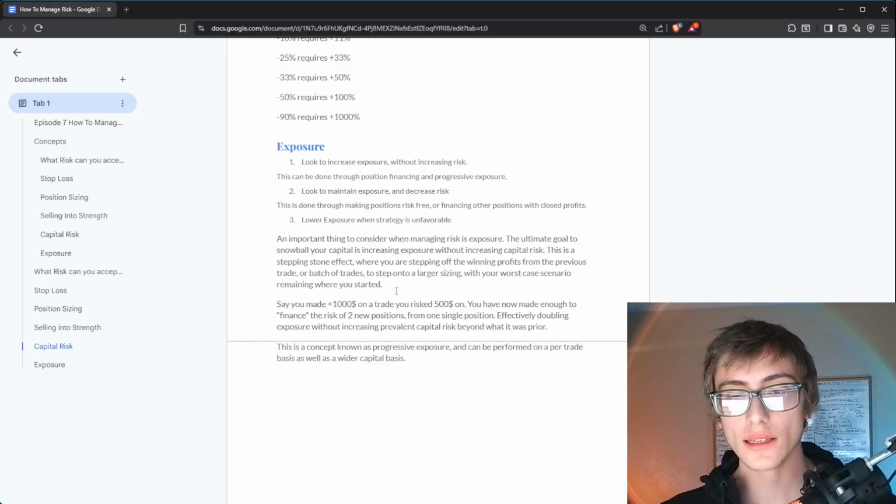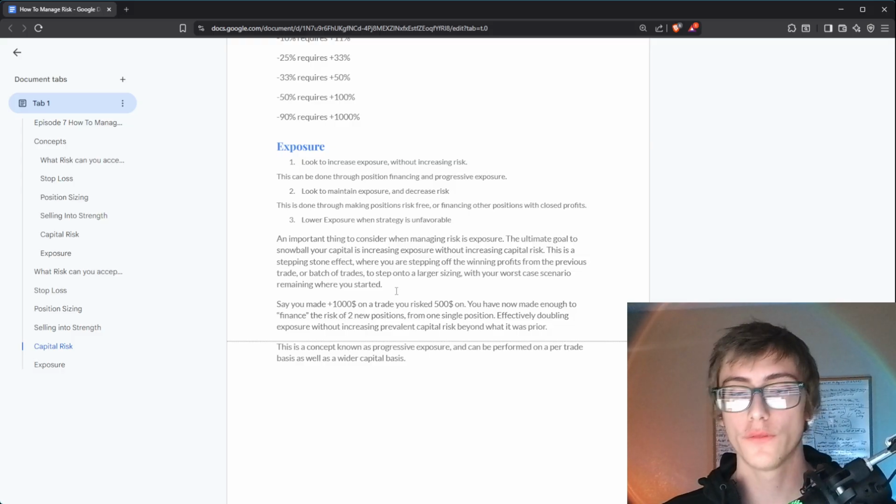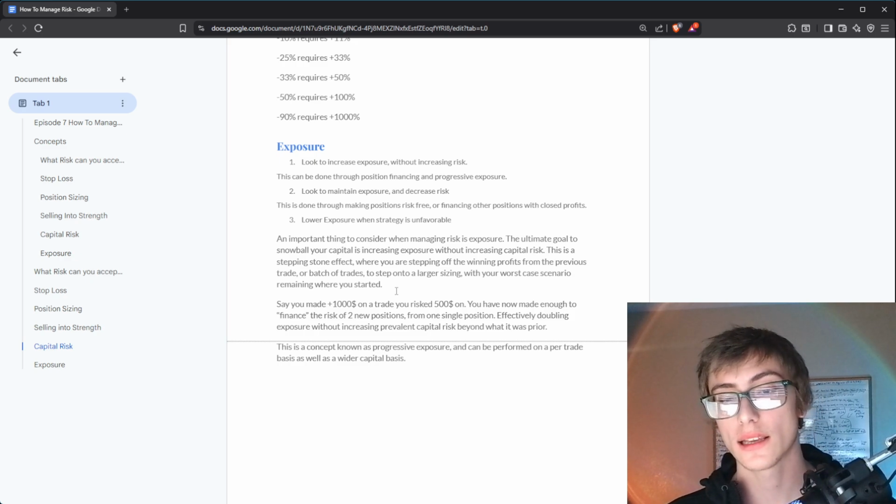So this is a concept known as progressive exposure and is a little bit more of an intermediate concept, but is very valuable to high performance in your portfolio. This can be performed on a per trade basis as well as a wider capital basis.